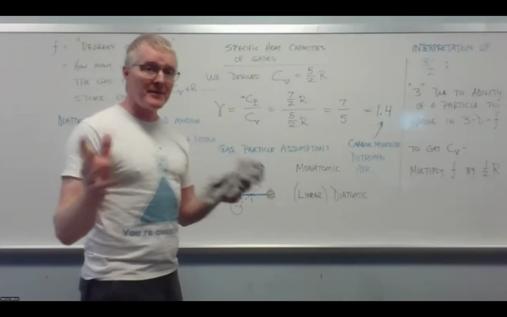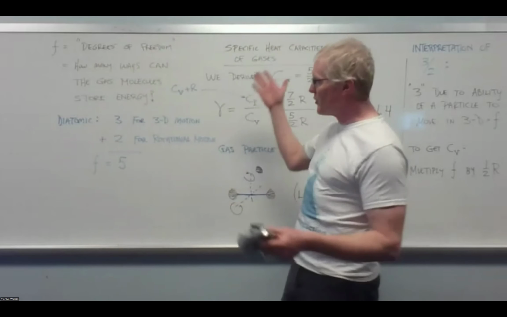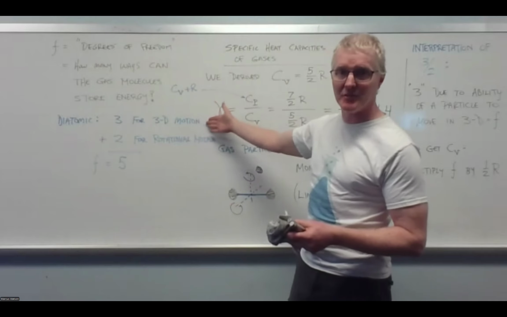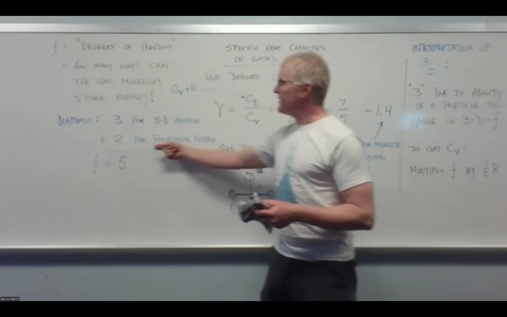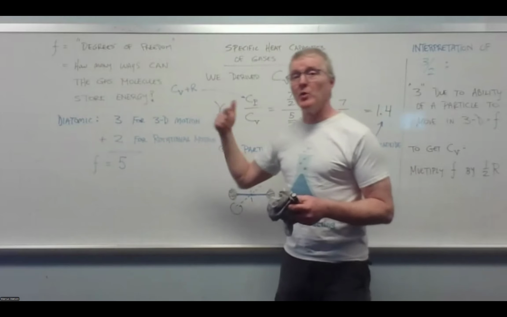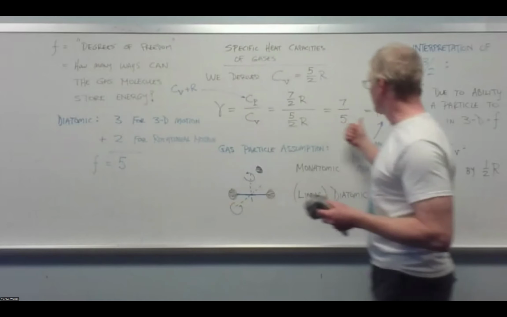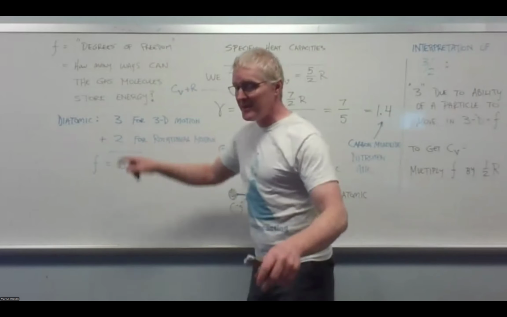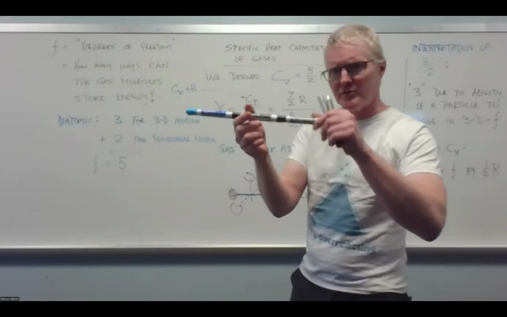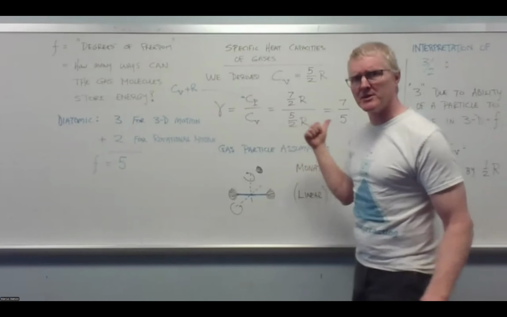Everything will move in 3 space unless confined to fewer dimensions. So normally everything is at least going to have this one, typically. And then you have to think about this for the rotational motion. Now, we thought about 2, and I told you it was only 2 because our result is 1.4, and that agrees with experiment. If I had put in 3 here because I thought it's also going to rotate this way, that doesn't agree with experiment.